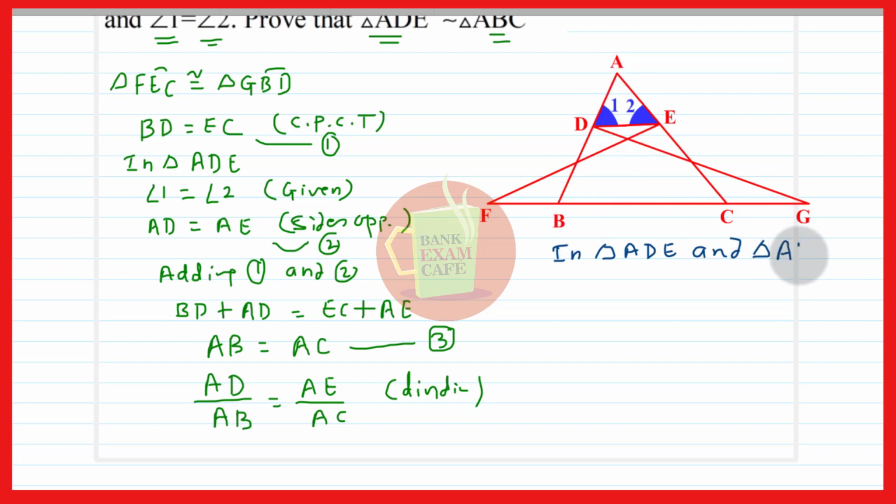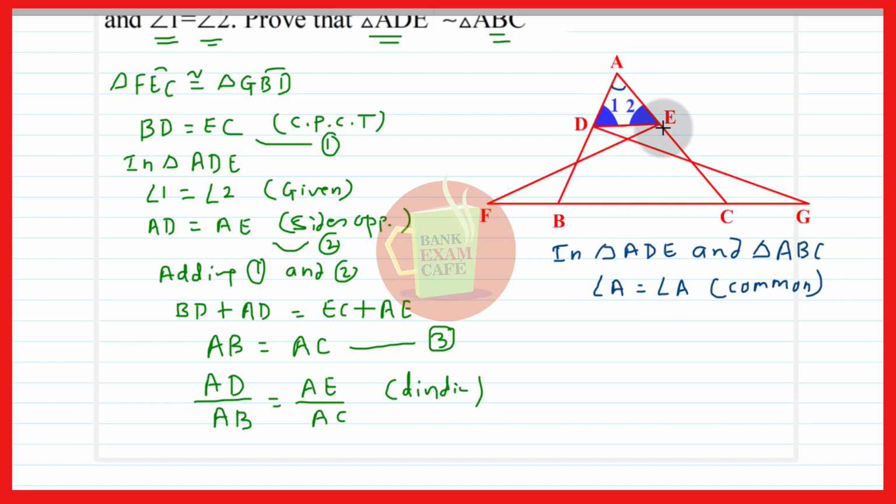In triangle ABC, we know that this angle A is common to triangle ADE and triangle ABC. So angle A is equal to angle A, which is common.